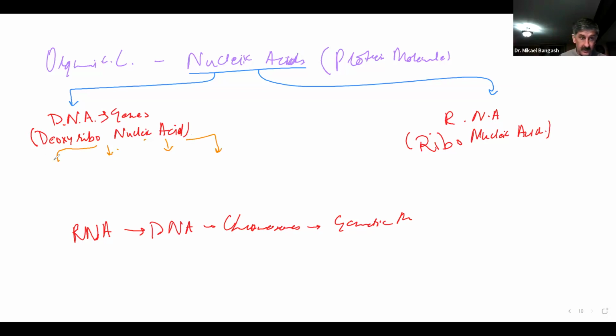For your DNA and for your RNA, you have 4 different bases. With that said, 3 out of these 4 are the same whether we talk about RNA or DNA. The common ones that we will have in DNA and RNA are what you can call adenine.